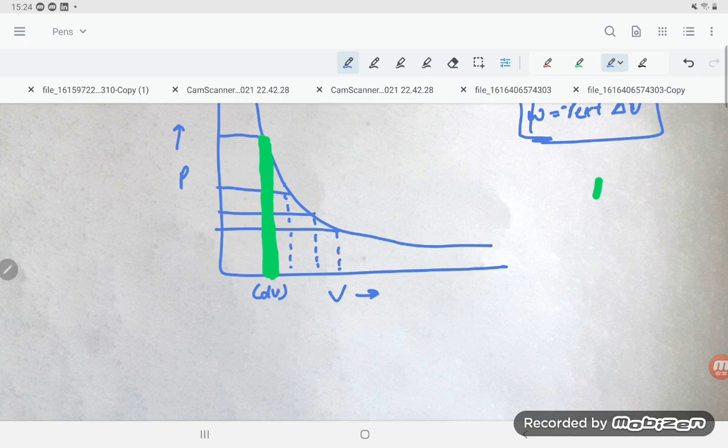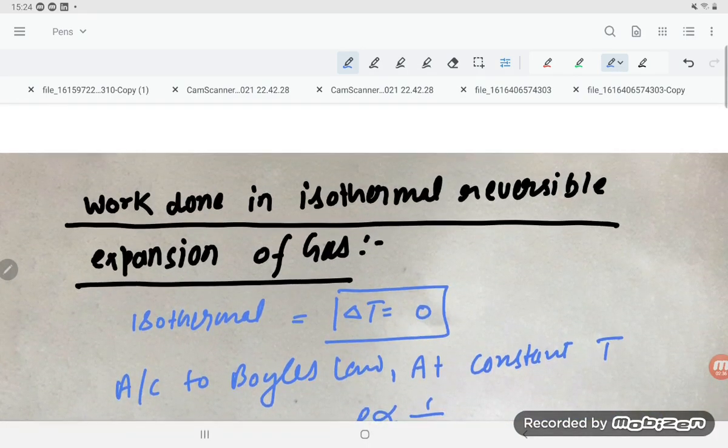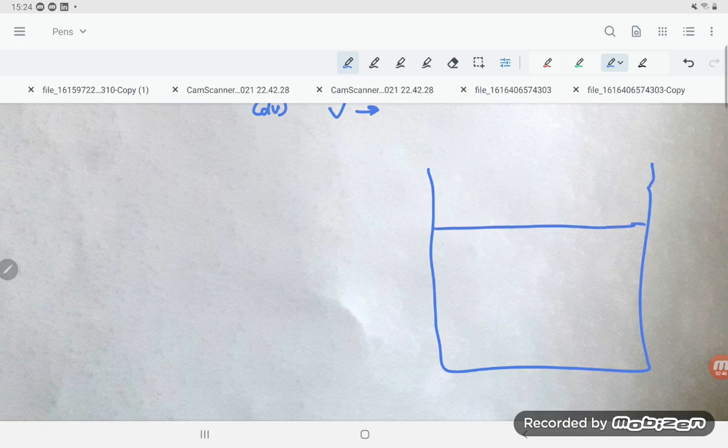let us see the meaning of reversible. What is the meaning of reversible? It is an extremely slow process, and at any time it can be reversed.